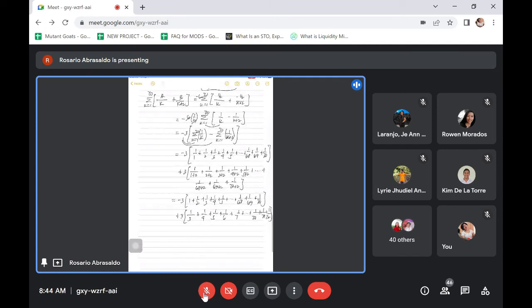So if we're going to distribute 3, class, it has a negative 3. Okay, negative 3 halves. Negative 3 divided 3, 1. Okay. Negative 3 fourths. Negative 3 fifths. Okay. It's minus too.